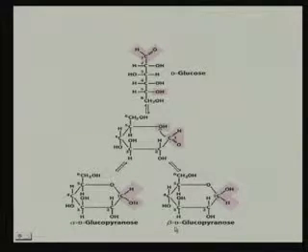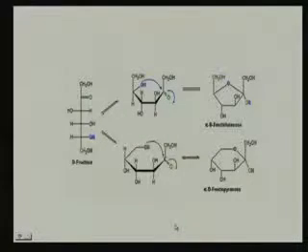Similarly, in case of D-fructose, here this second carbon is the keto carbon and here the fourth carbon is the chiral carbon which is farthest from this carbonyl carbon, and OH is on the right hand side and they can form the ring-like orientation.